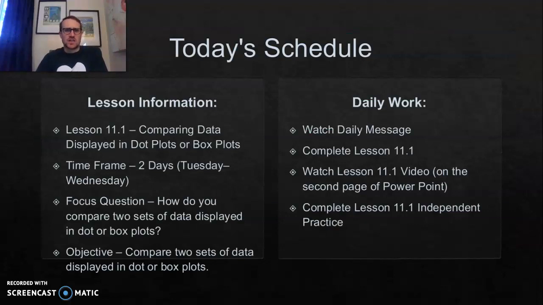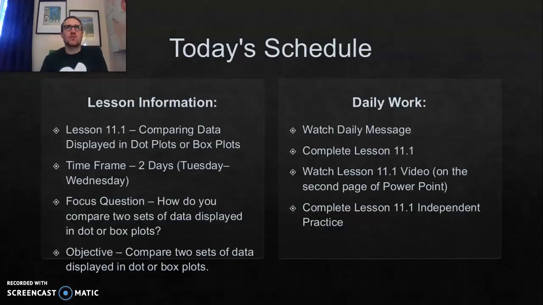Alright, today we are starting lesson 11.1. We are comparing data displayed in dot plots or box plots. We did this before we left. I remember teaching these lessons before we left, and we made posters and they were hanging up on the wall, and we looked at the dot plot, which is the number line where you put dots above it for every number in your set of data.